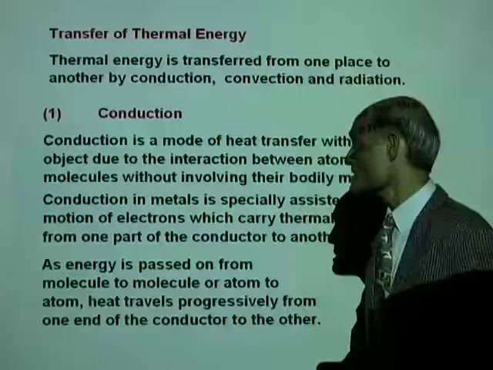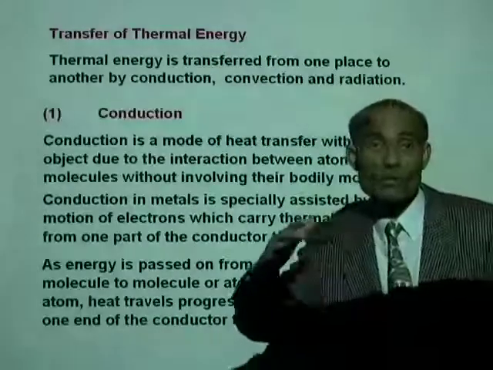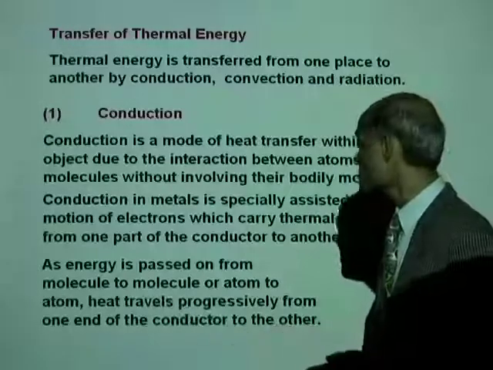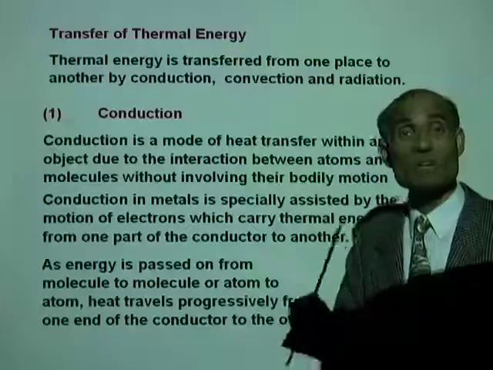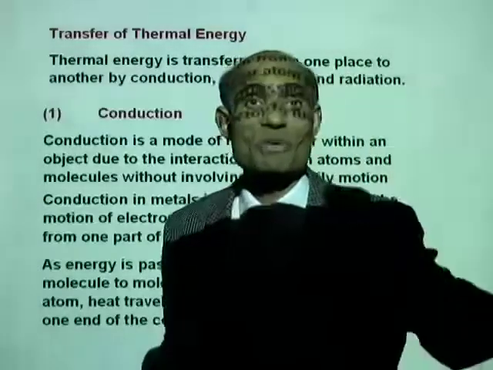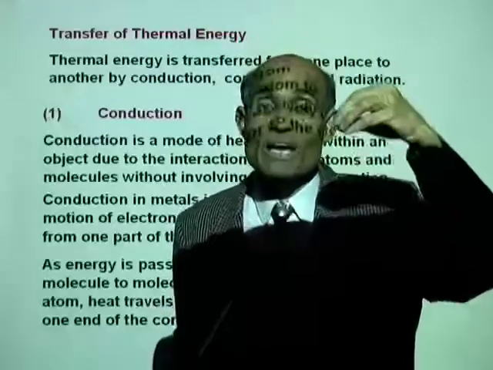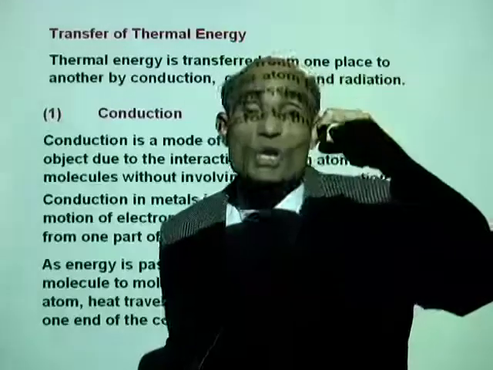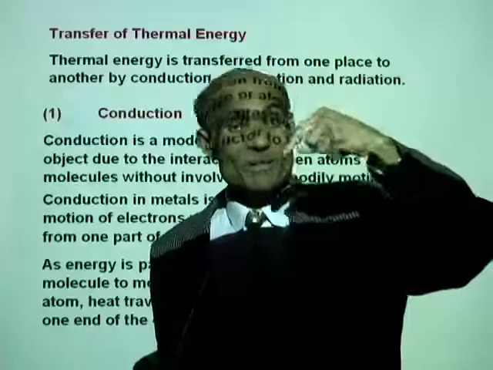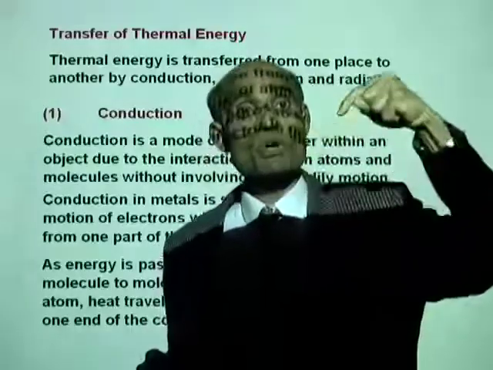As energy gets passed on from molecule to molecule or atom to atom, heat travels progressively from one end of the conductor to the other, and that's the reason why, with a spoon in hot coffee, the end of the spoon gets hot. Is that right? Heat flows from the coffee to the spoon.